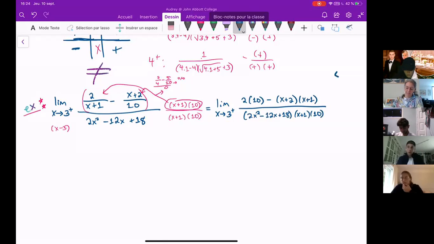Question. Can I cancel out now? Can I be like, yay, x plus 1, goodbye? No, good. First of all, I'm not allowed to do that because x plus 1 isn't a factor of the top. There's that minus sign that's stopping me from being able to do that.